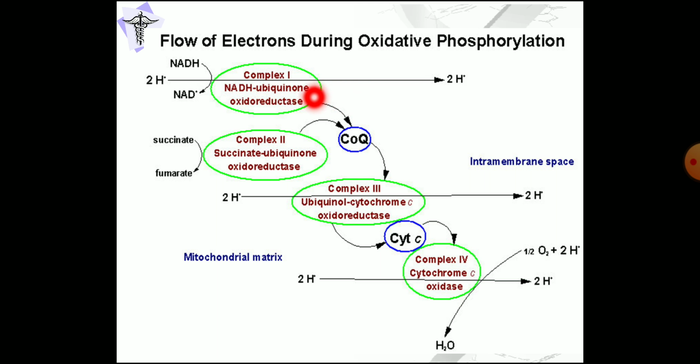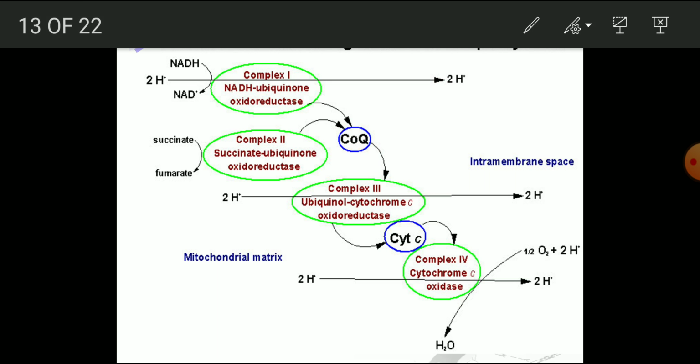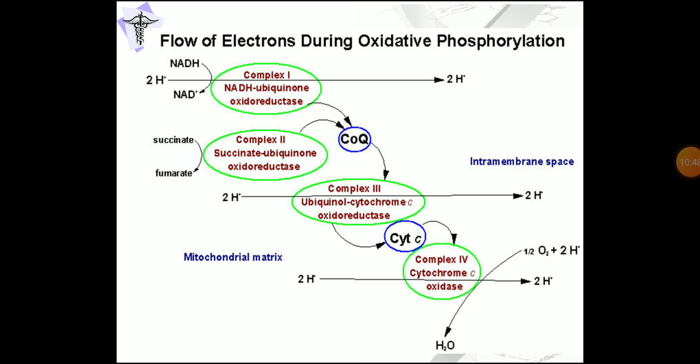In the first complex there is transfer of electrons, and in the second also there is transfer of electrons, and then coenzyme Q carries the electrons to complex 3, and from 3 to 4 cytochrome C is the one transferring the electrons, and finally they are transferred to oxygen to produce water.